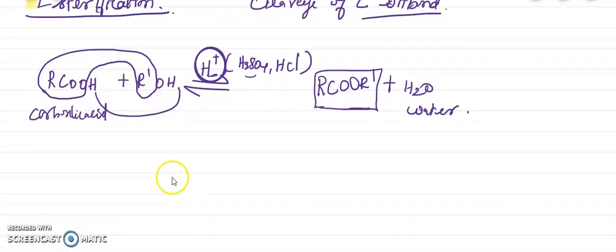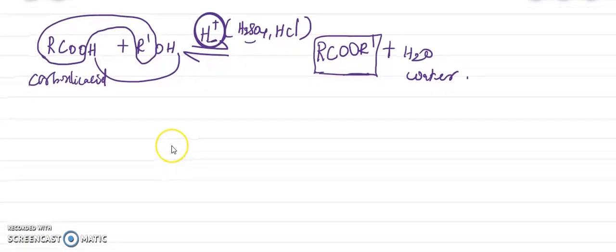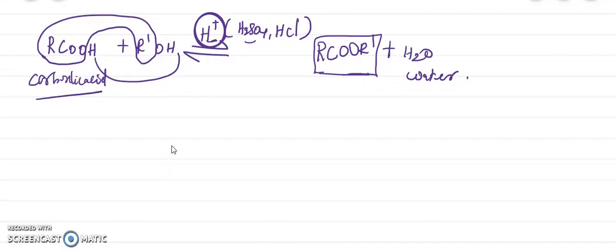So we know that it is an esterification reaction. We have a starting material, carboxylic acid, which I have taken here as a general reaction, RCOOH, plus it reacts with the alcohol R'OH, whether you take a phenol also. In the presence of a catalyst, here we are using H2SO4, otherwise you can use HCl.